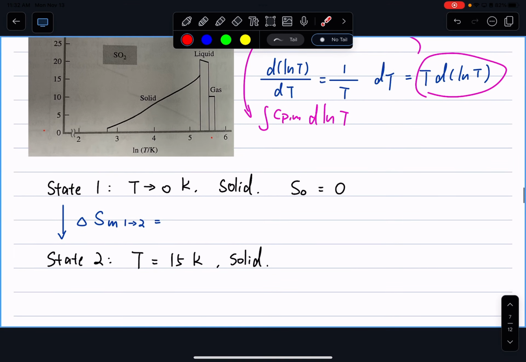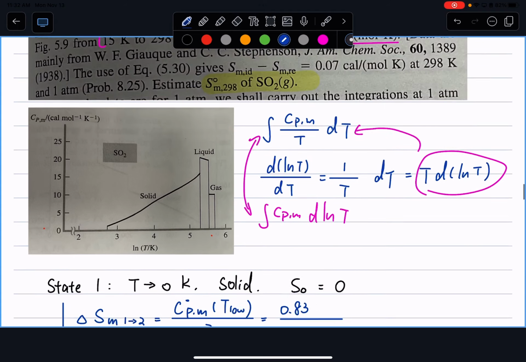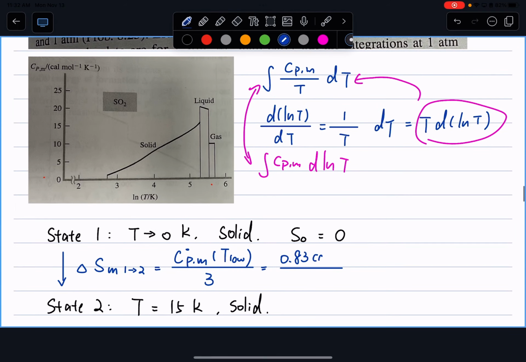So that gives you C naught PM low temperature over 3, that is 0.83 calorie per mole per Kelvin over 3. All right, so that's the first step.